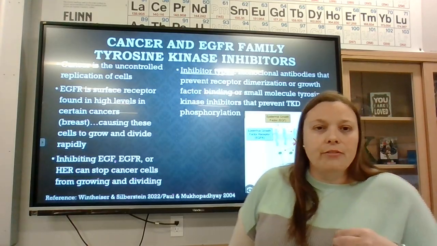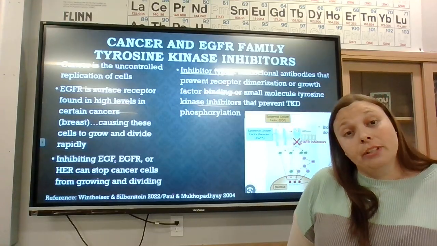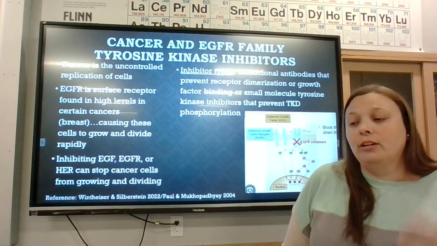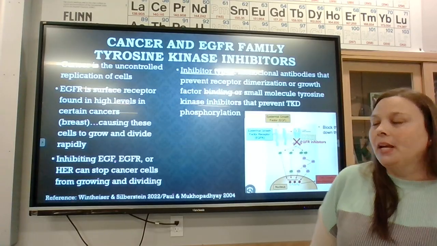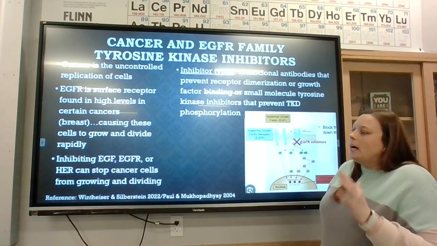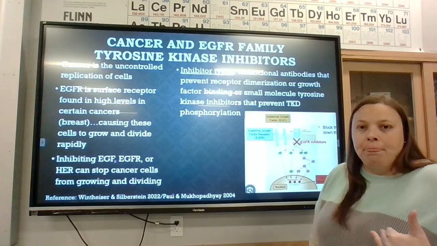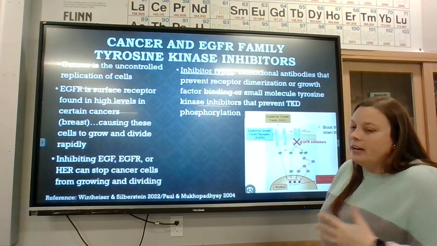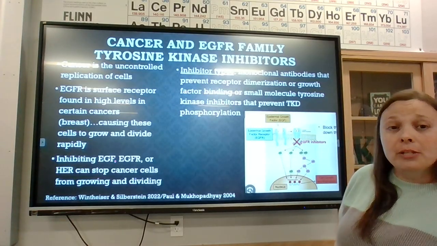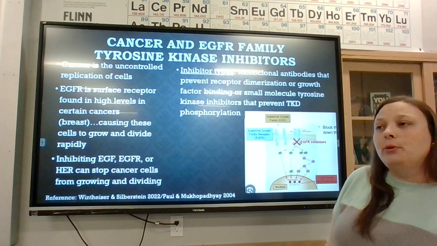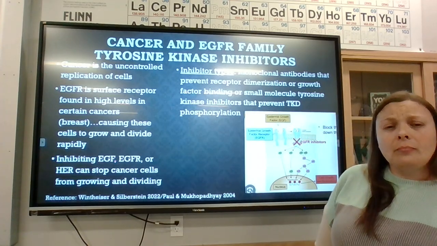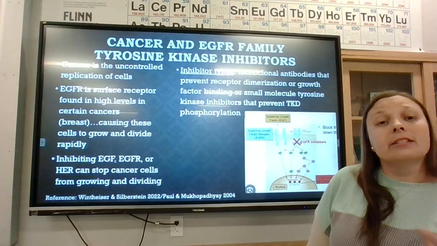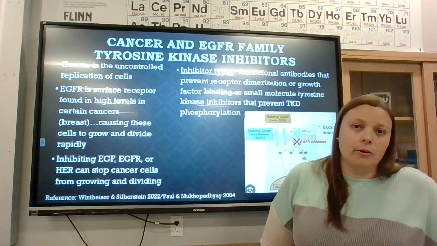And so because of that, they definitely want to continue to divide and grow and make more of themselves, like cancer cells do. To try to inhibit that, we as scientists have come up with some inhibition ideas, because if we can inhibit the EGFR pathway from occurring, then we can stop the cancer cells from multiplying and growing, okay?